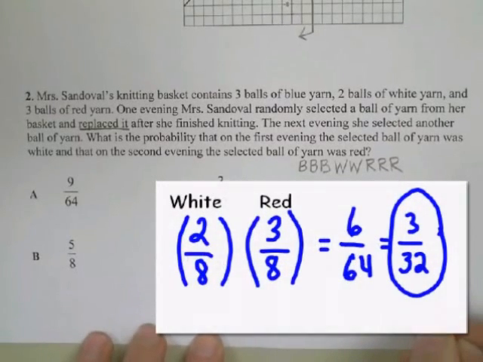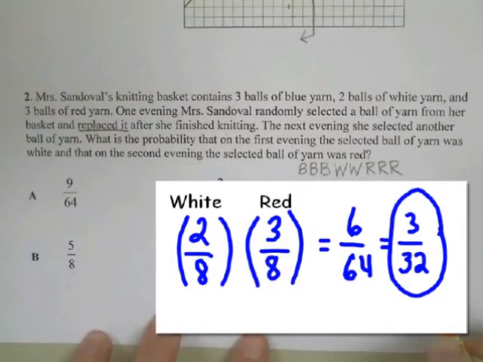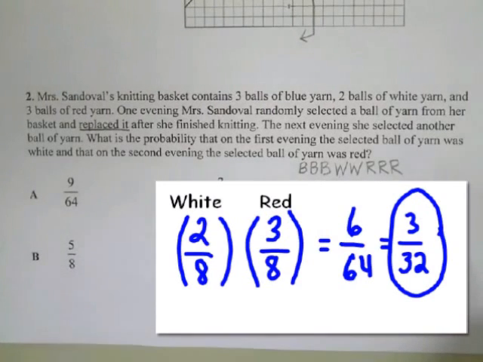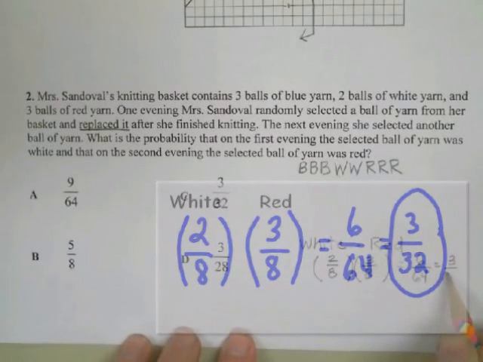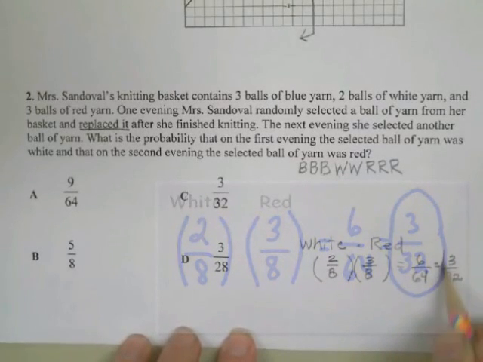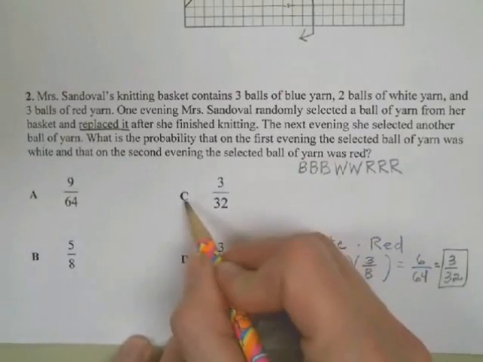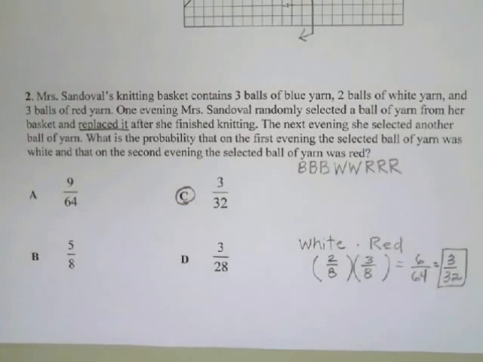Multiply straight across, use your calculator if you need to. 6 over 64 is the probability of picking a white ball of yarn on the first evening and a red ball of yarn on the second evening. I don't see that answer, so it looks like I need to just reduce my fraction, and I have a probability of 3 over 32. So choice C is the answer.